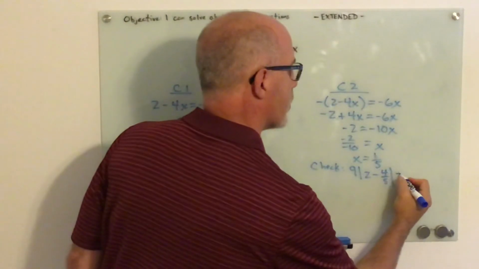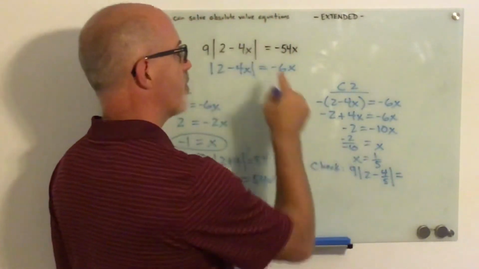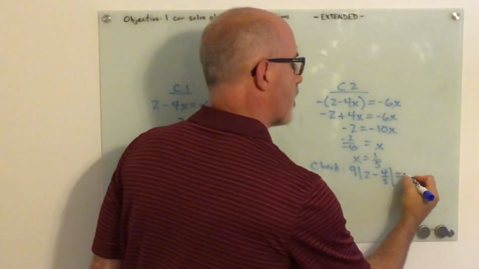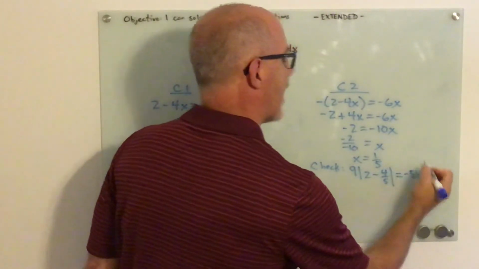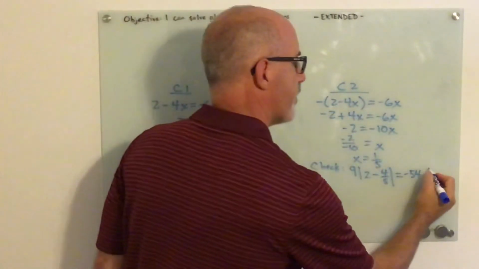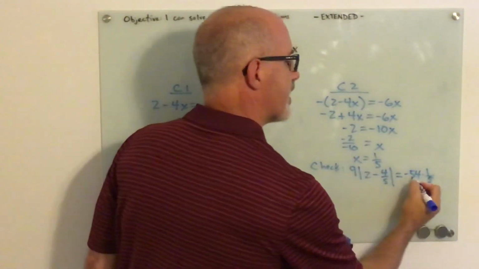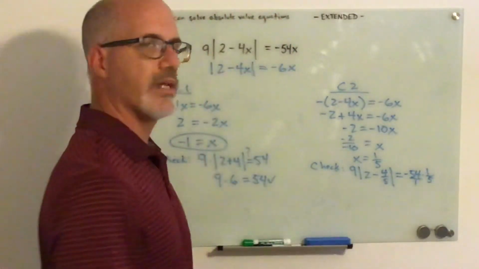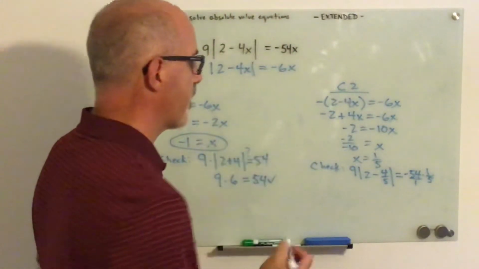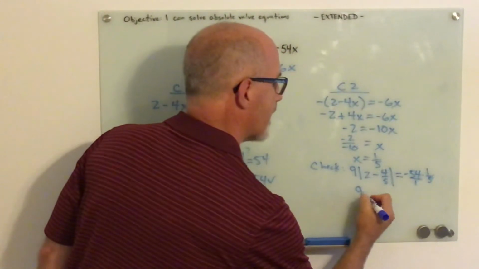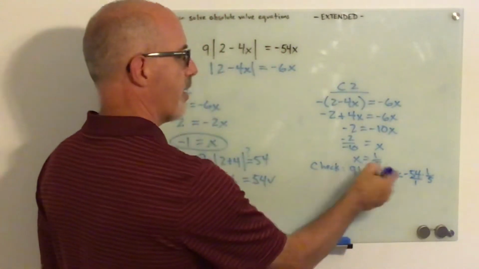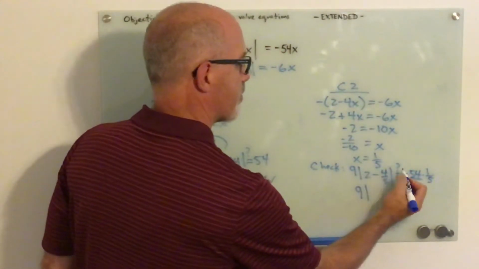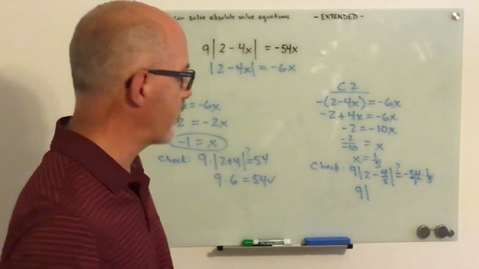And that equals negative 54 times my 1/5. Think of that as negative 54 over 1 to multiply numerators and denominators. So I get 9 times the absolute value of, and we'll put a question mark over this because we're checking to see if they're the same.